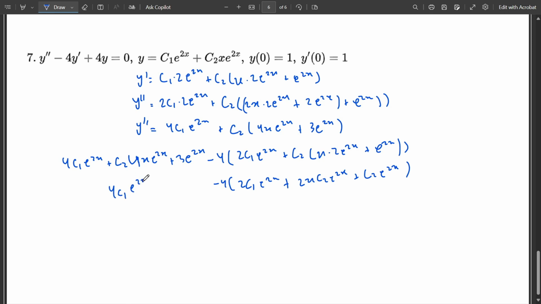4c1 e to the 2x plus c2 times 4, yeah, this is 4, right? c2 times (4x e to the 2x plus 3e to the 2x).